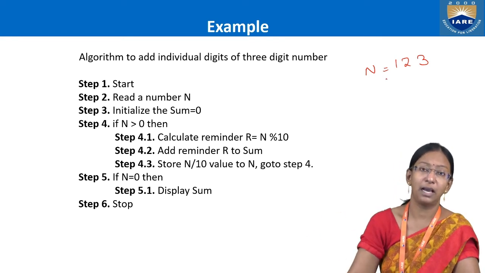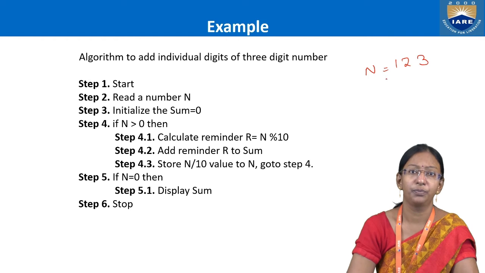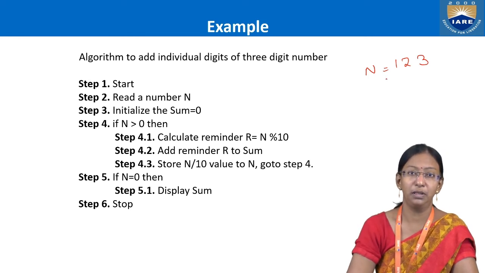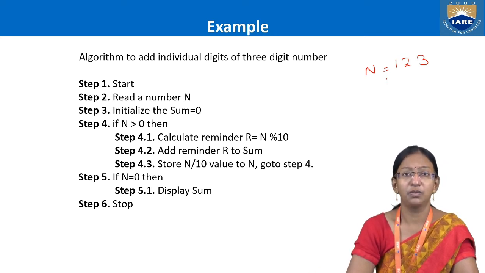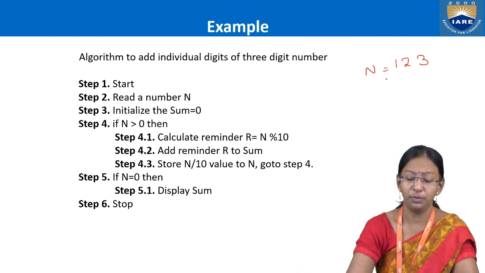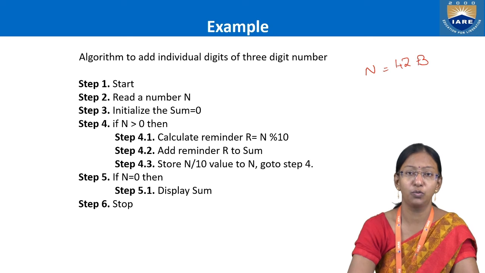So here n, capital N becomes the input. And sum = 0 in step 3 is a temporary variable I'm going to take and I have assigned its value as 0. Then comes how long I have to repeatedly add the values. That means my purpose is to add 1 plus 2 plus 3.